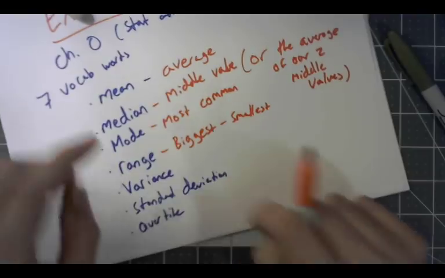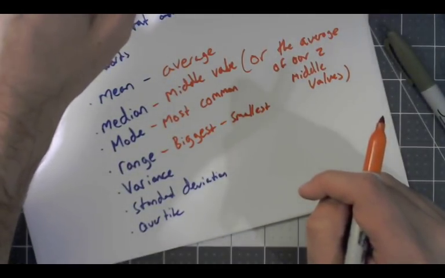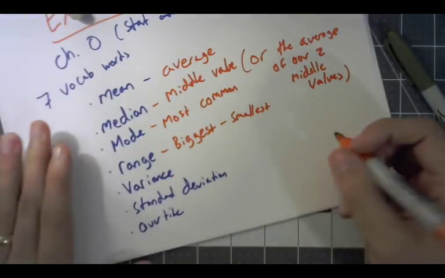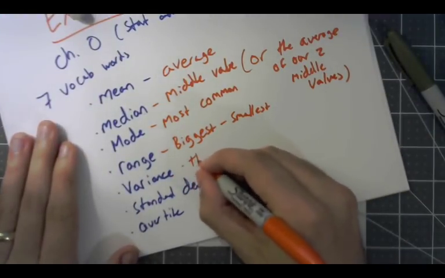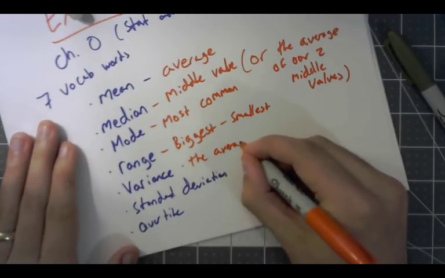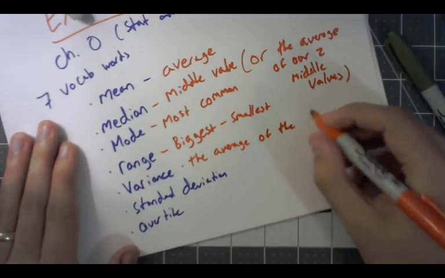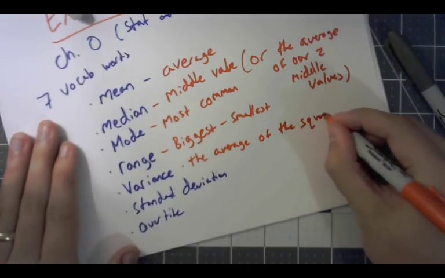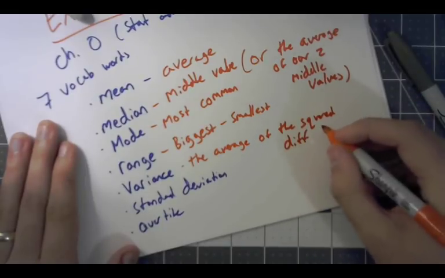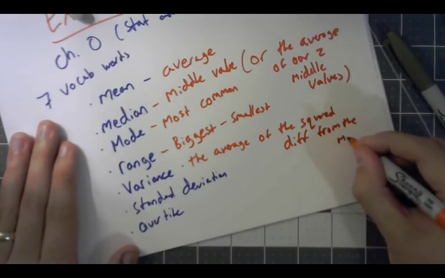Variance and standard deviation are the ones that are a little more complicated. What is a good definition for variance? We'll use this: the average of the squared differences from the mean.